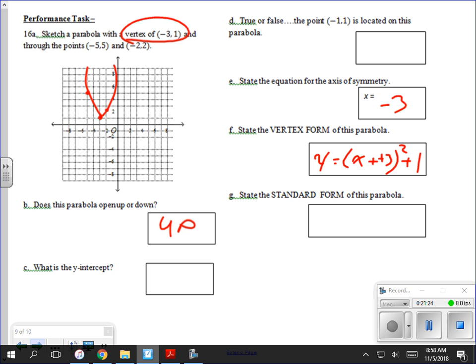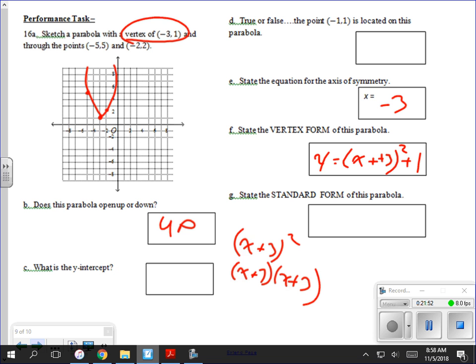There's my vertex form. Now to get my standard form, I take my vertex form and FOIL out the x plus 3 squared, which is not x squared plus 3 squared. x plus 3 squared means that I have x plus 3 times x plus 3.